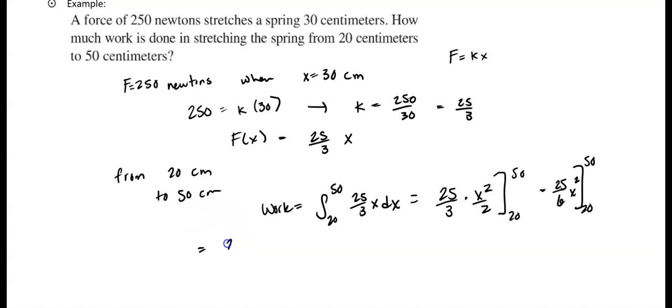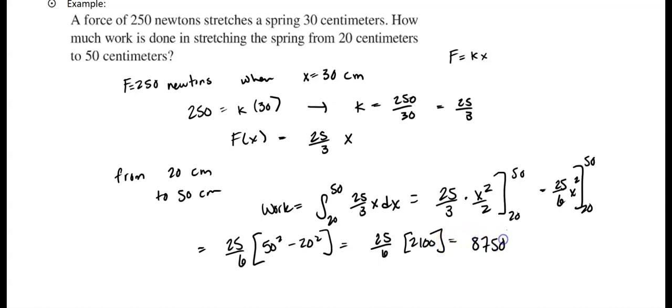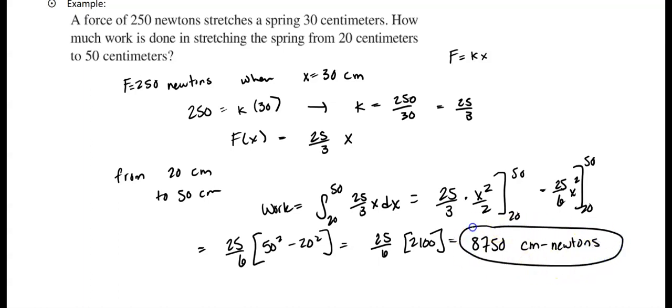And then if I plug in those numbers, I'll have 50 squared minus 20 squared, which is 2,500 minus 400, so 2,100, times 25 over 6. And when I multiply those, I get 8,750, and we're using centimeters and newtons, so we'll have centimeter newtons. Wacky units here, but that's where we're going to leave it.